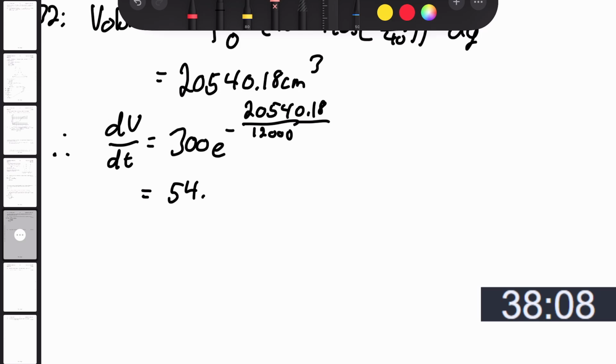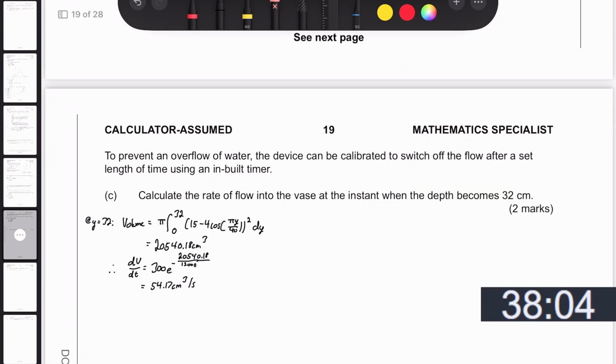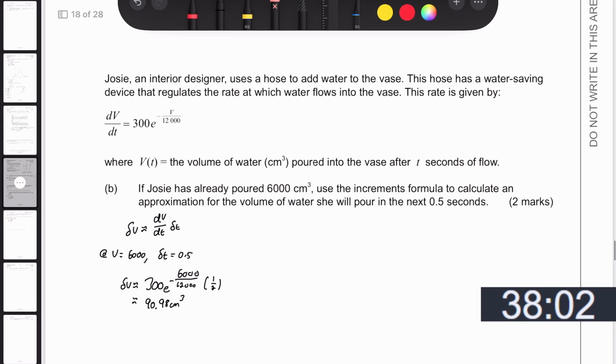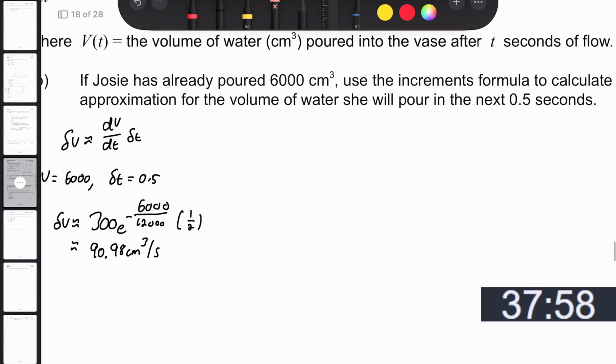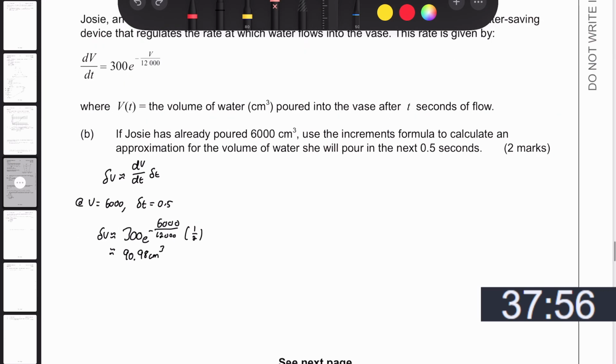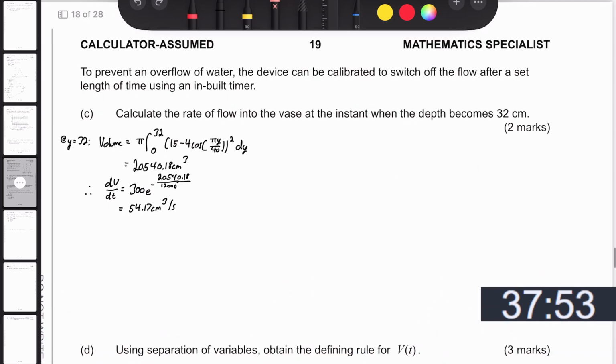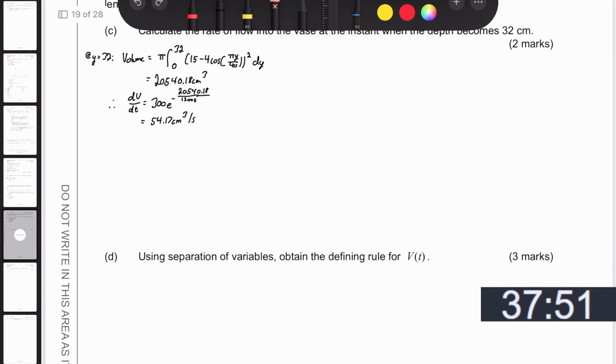So 54.17 cm cubed per second. Oh, I need to put here per second as well. Wait, no. Never mind, no, I don't, because it's just the absolute change.